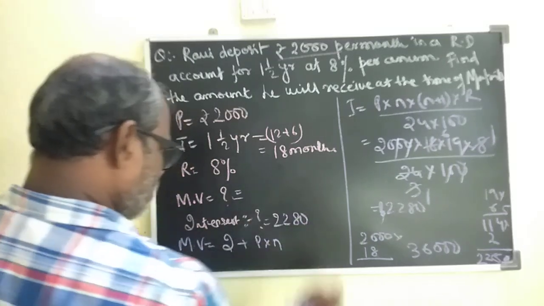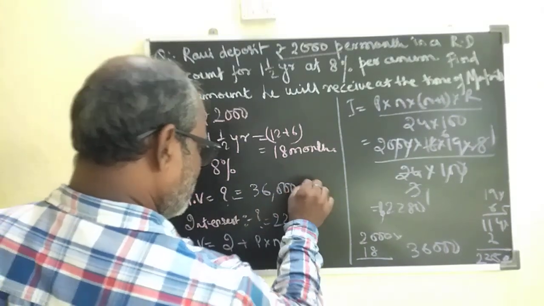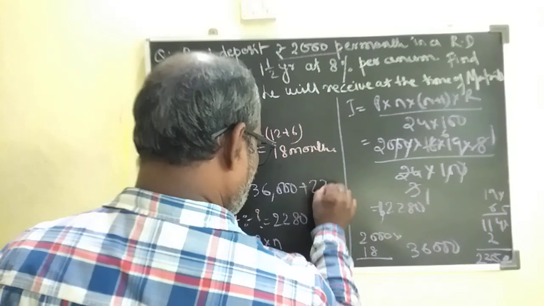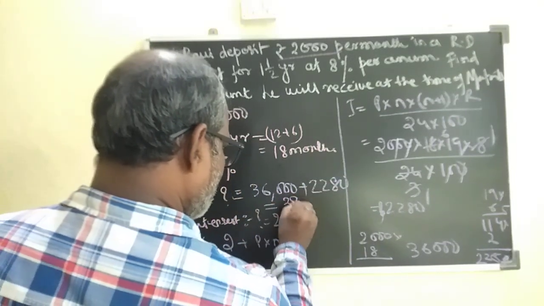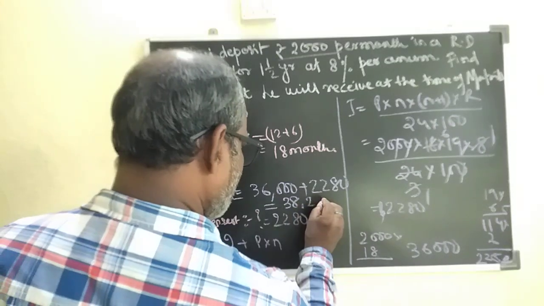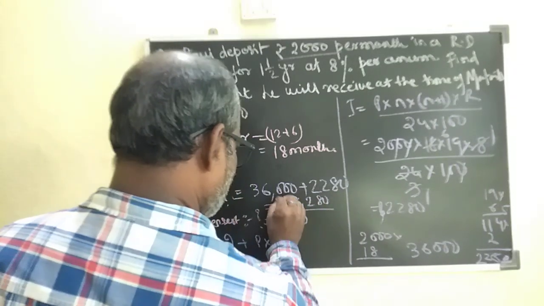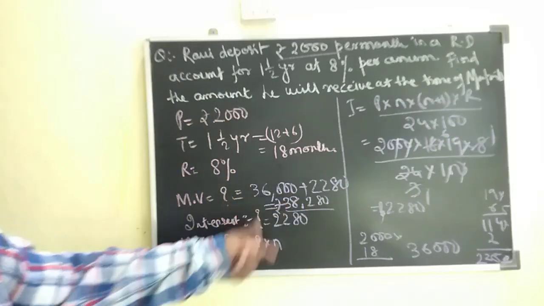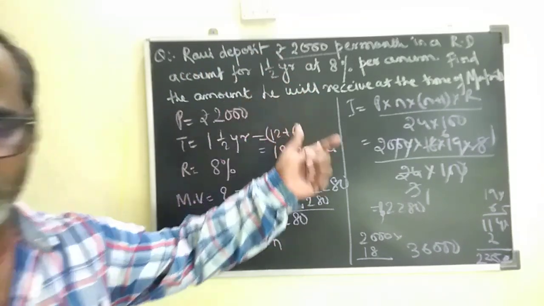So maturity value equals 36,000 plus 2280, which equals 38,280 rupees. So in this way we have to complete our sum so that we can easily get 4 marks.